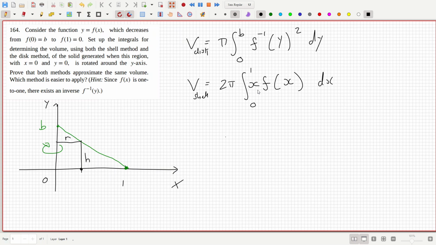One problem that makes the comparison difficult is the fact that they have different limits.